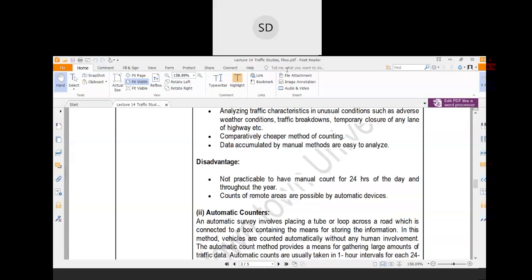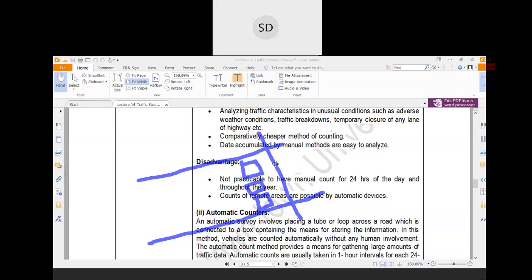Another disadvantage is, suppose you want to manually count the traffic data, and suppose this road is a 2 or 5 lane road and this is your section. In that case, suppose different vehicles are moving along together in a particular line. In that case, it will be very difficult to count in the manual method.